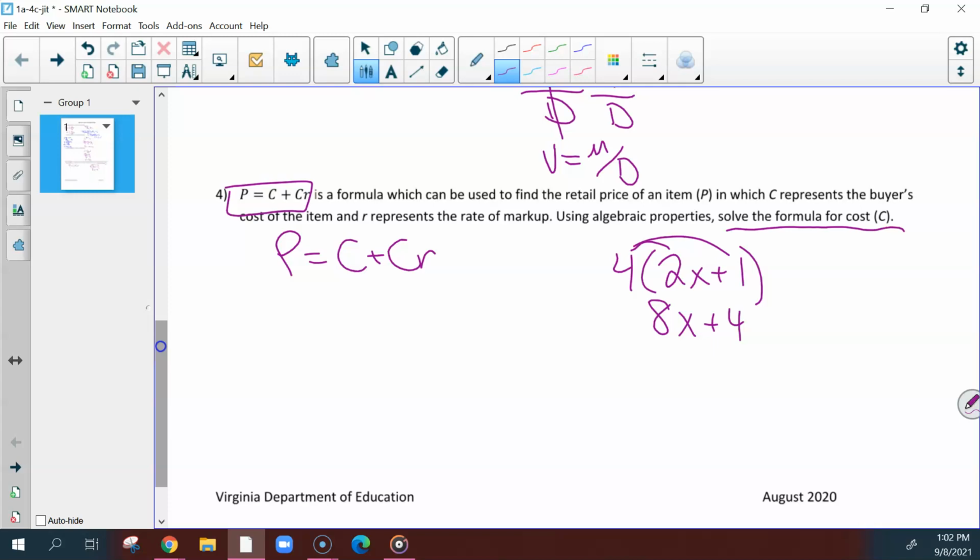We want this c to be on the outside, so we're kind of going to do this in reverse. It's called factoring. We'll get more to that later. But when we do that, we're technically dividing both of these terms by that number to put it back on the outside to see what is left.